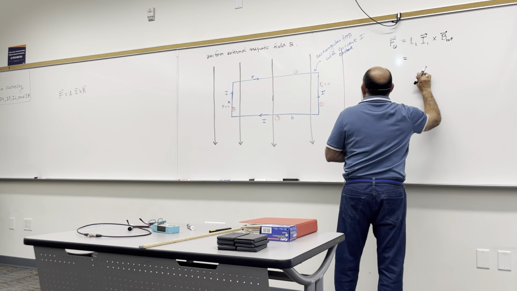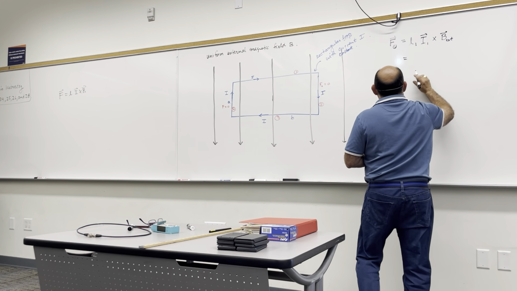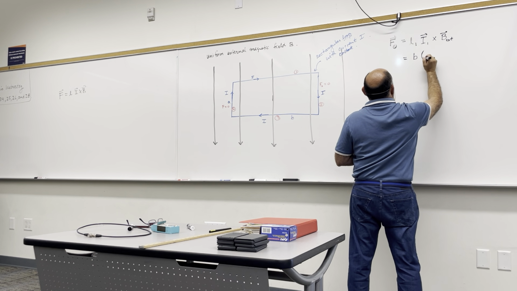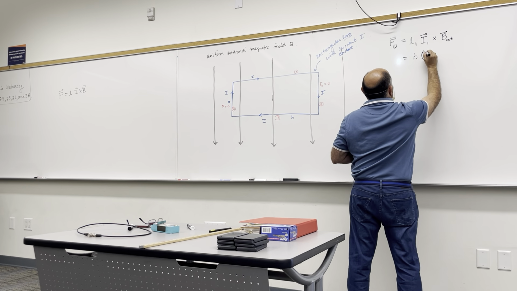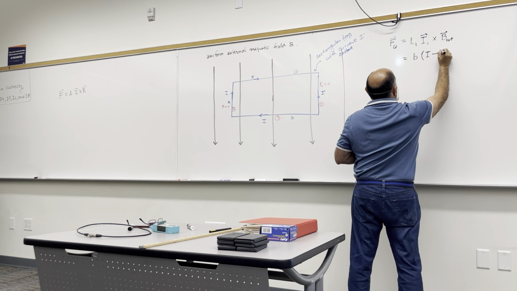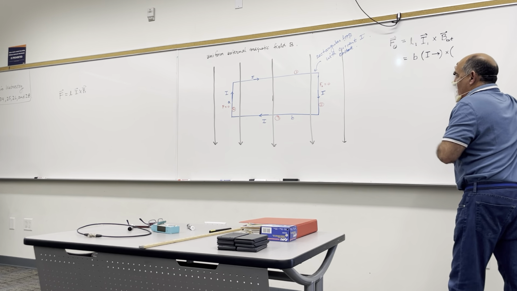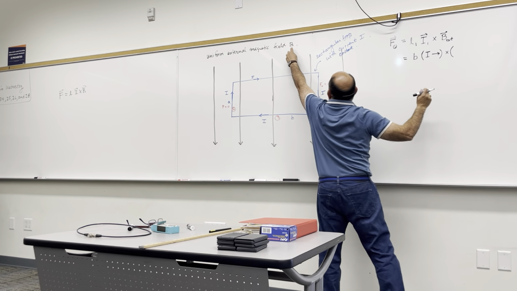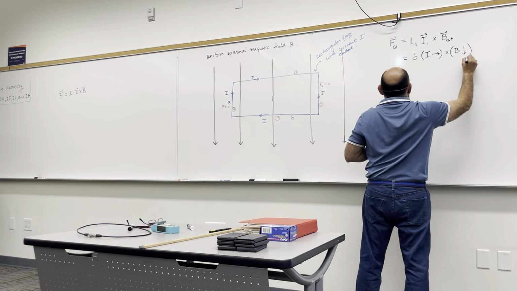So what is the length of segment number 1? What did I give that length? B, right? And what is the current I1 or the current in segment number 1? It's I to the right, correct? Cross with the magnetic field at the location of segment number 1, which is B. And we made it down the page, right?